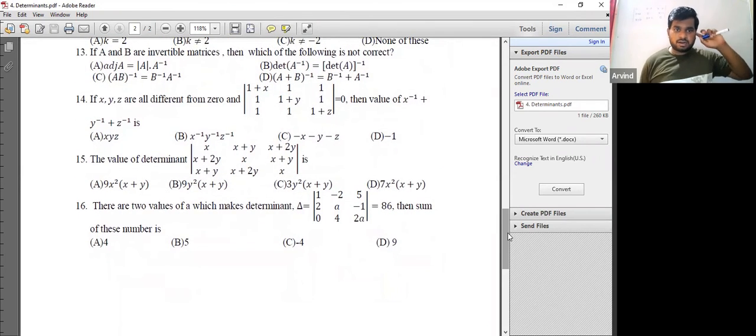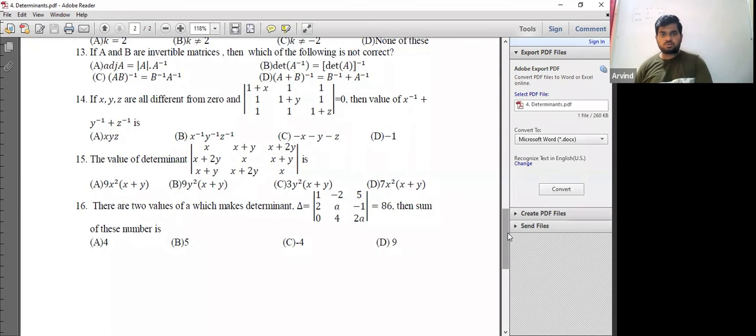If x, y, z are different from 0, then what is the value of 1 by x? x power -1 is nothing but 1 by x. 1 by x plus 1 by y plus 1 by z is equal to what? If x, y, z are all different from 0, then what is the value of 1 by x plus 1 by y plus 1 by z? Your wish.